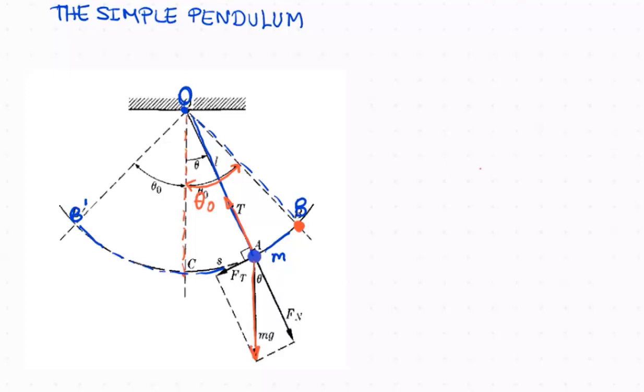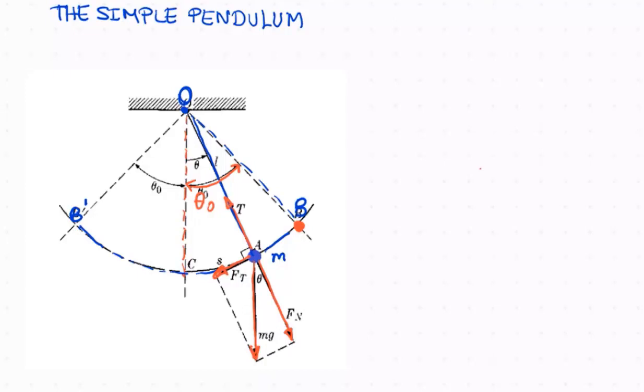We can see other forces or components of the weight in this problem. The components would be this, let's call Fn, like F normal, and let's call this one Ft, like F tangential.